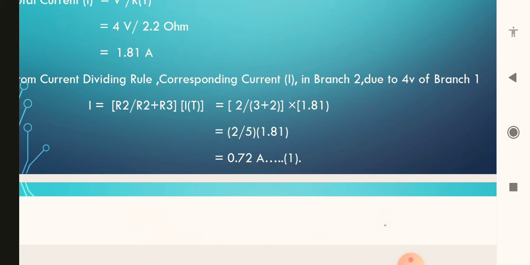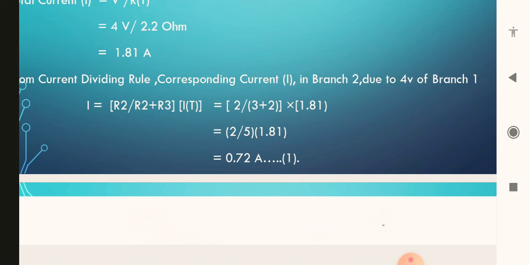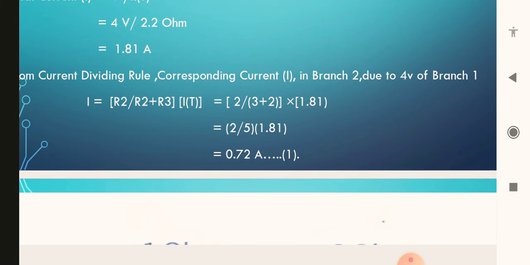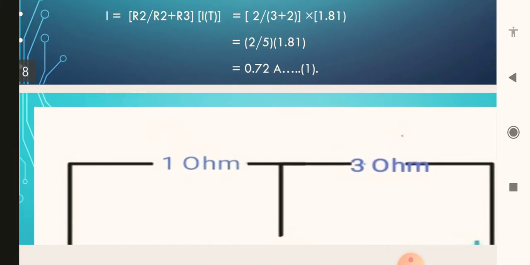Replacing the values, I of t means the total current. After simplification, 2 by 3 plus 2 into 1.81, you get 0.72 amperes, which I take as equation 2.